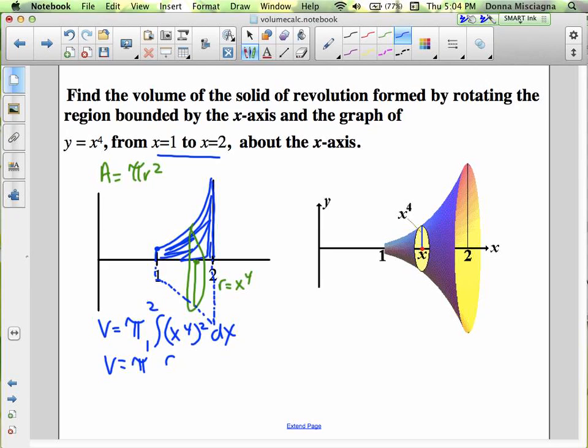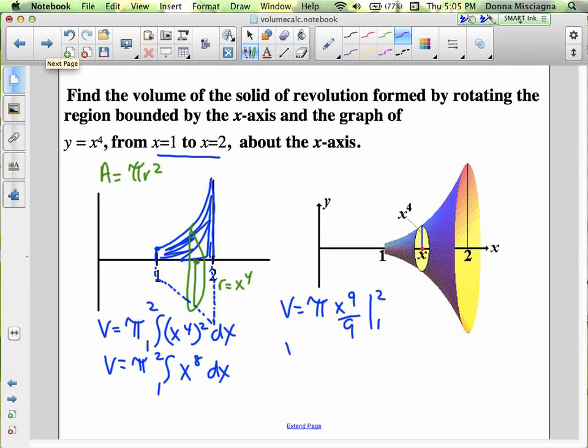So pi times the integral from 1 to 2 of x to the 8th dx, and now we'll just integrate. So our volume is pi times x to the 9th divided by 9 from 1 to 2.